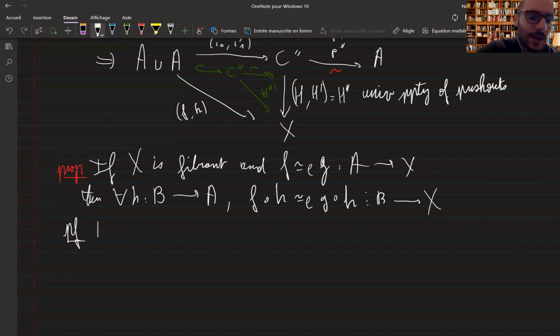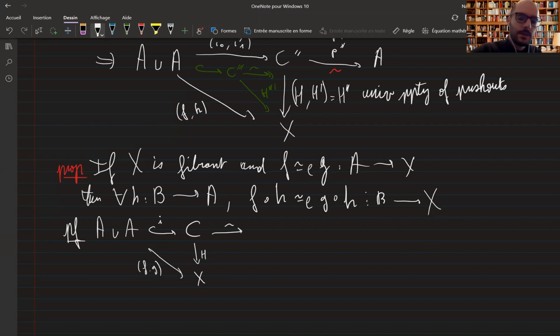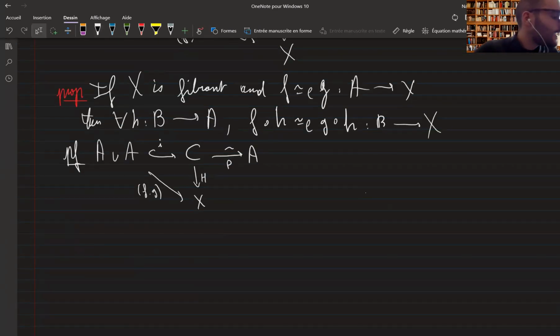All right, so the proof, let's do it. So let's assume that we have a cylinder. This is I, this is H, X, and this is F and G. Okay, and this is A. And for good measure, let's call it P. I don't know if we are going to need it.